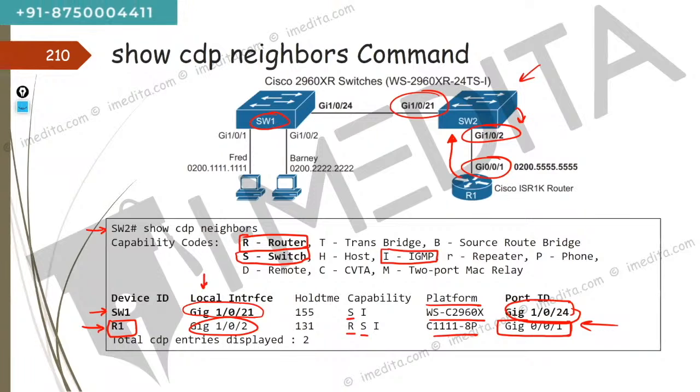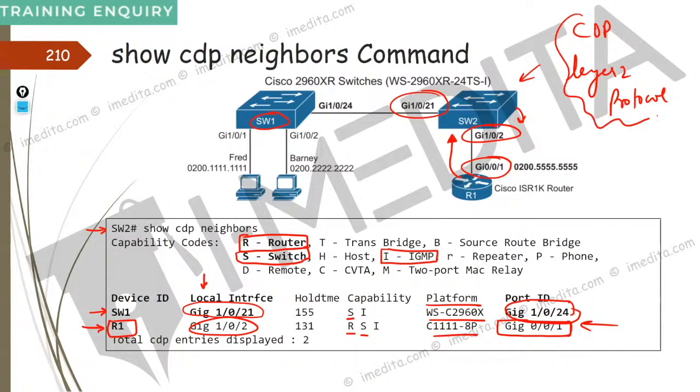This CDP is a layer 2 protocol. Now, what do I mean by that? Commonly students have a question: if I go to switch 1 and do the show CDP neighbors command, what will be shown?